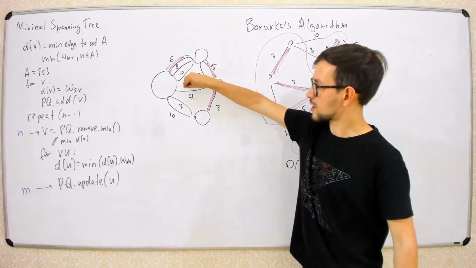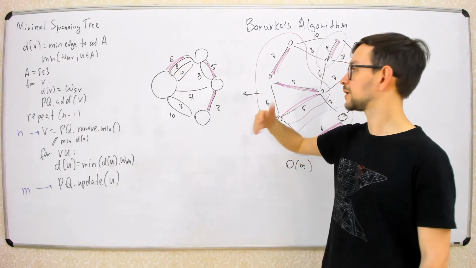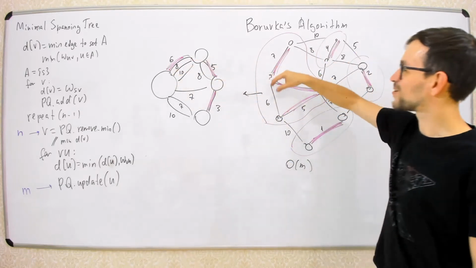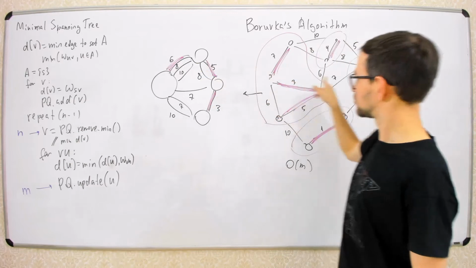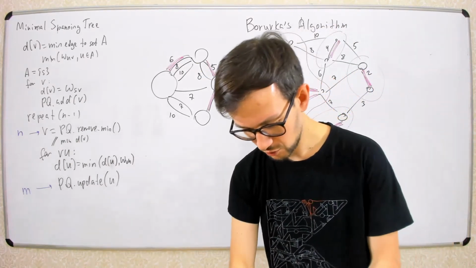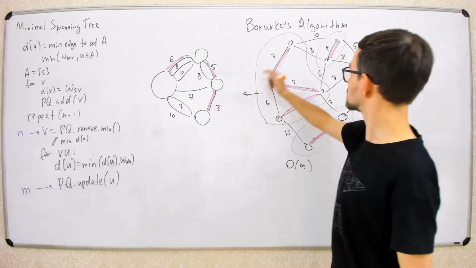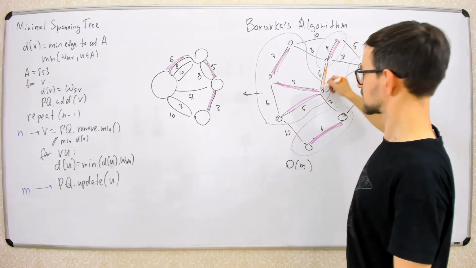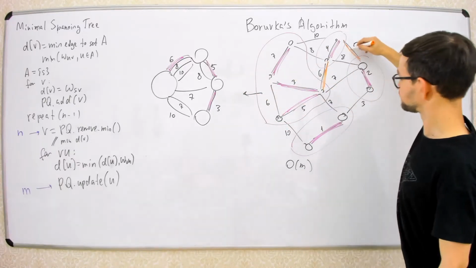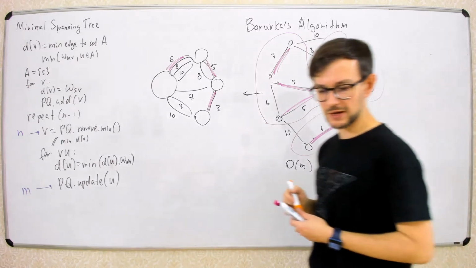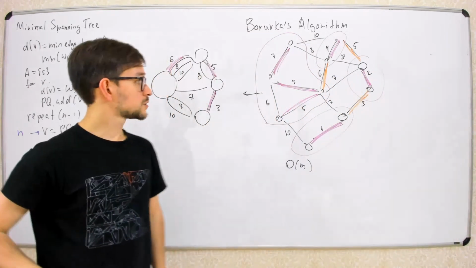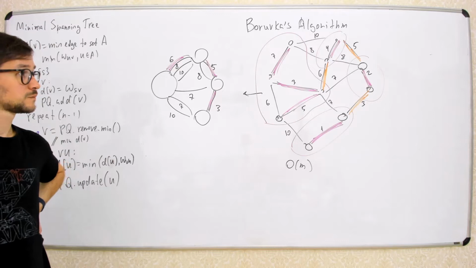And now you just uncompress all these connected components back here and add these edges into your original graph. Let me use another marker. So you have this, you add this 6, you add this 5, and this 3. And now you have a minimal spanning tree. That's all. That's the whole plan.